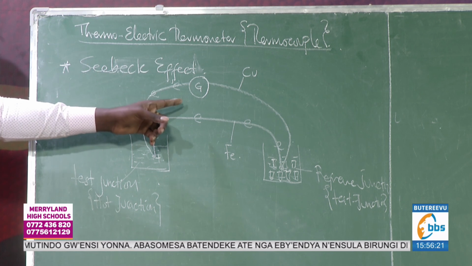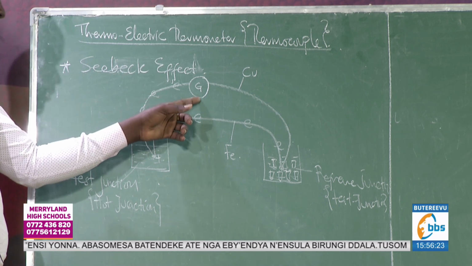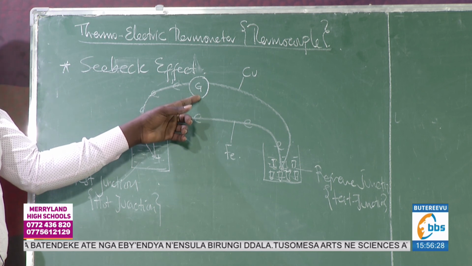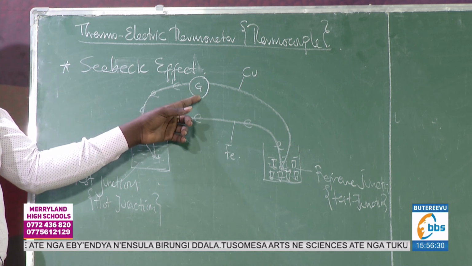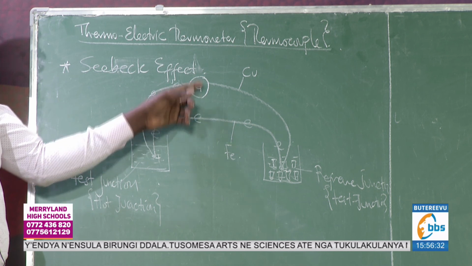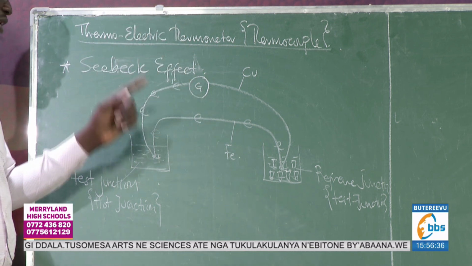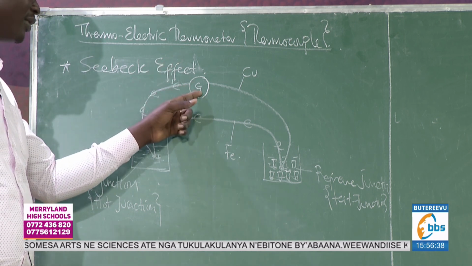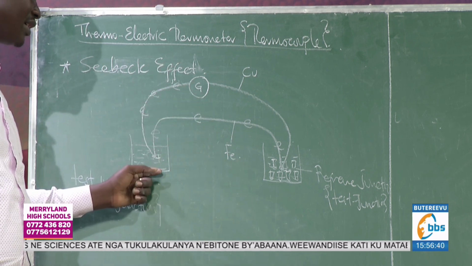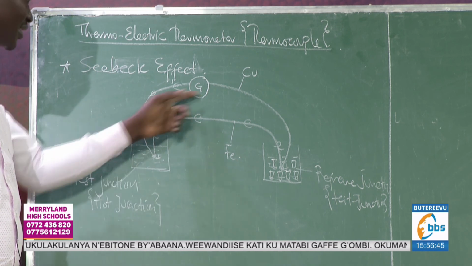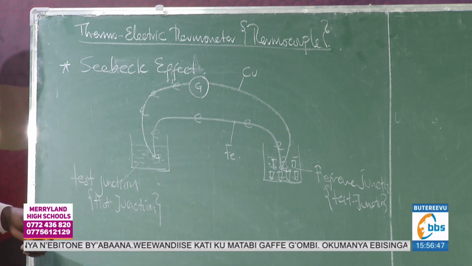That if I can manage to calibrate this galvanometer or voltage reading instrument by using a certain equation that is showing the relationship of the EMF generated in this arrangement in terms of the temperature difference, then it means that this can start behaving like a thermometer.